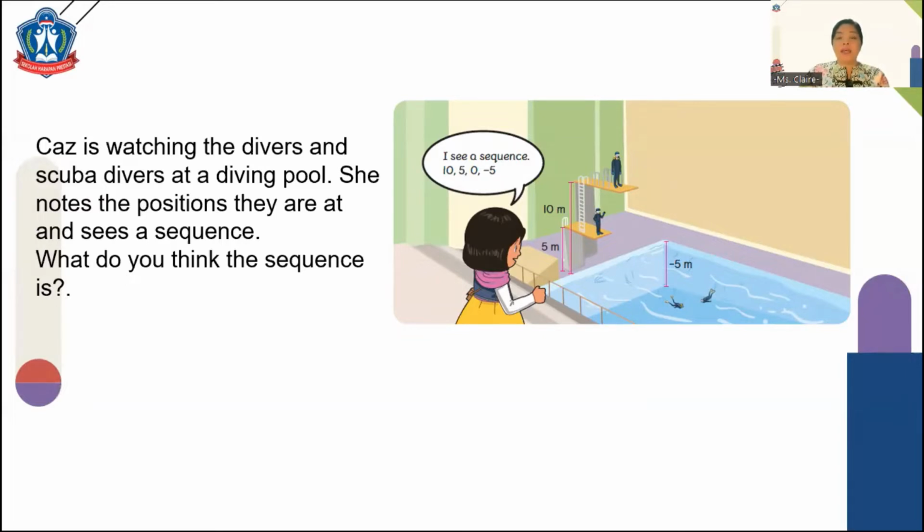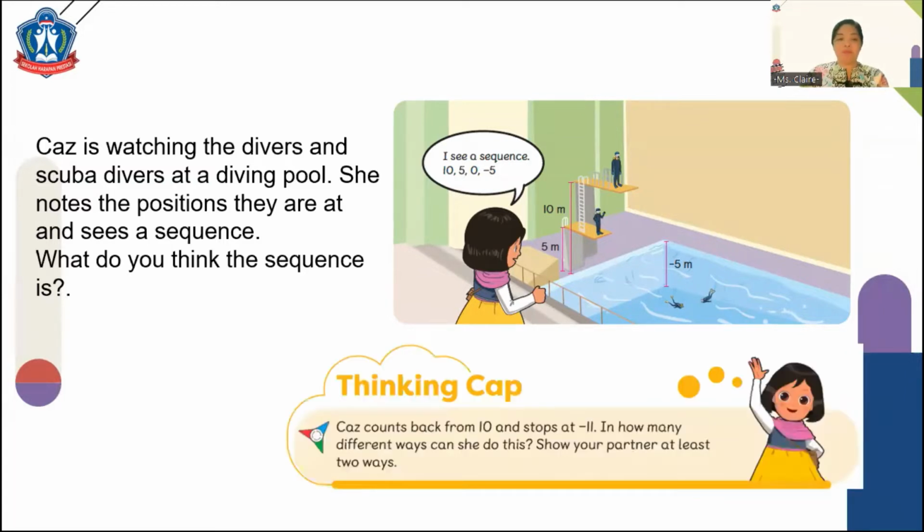Kaz says, I see a sequence 10, 5, 0, negative 5. So if she will continue, what will be the next number? Okay, Kaz counts back from 10 and stops at negative 11. In how many different ways can she do this? Okay, you can tell your answer during our class.